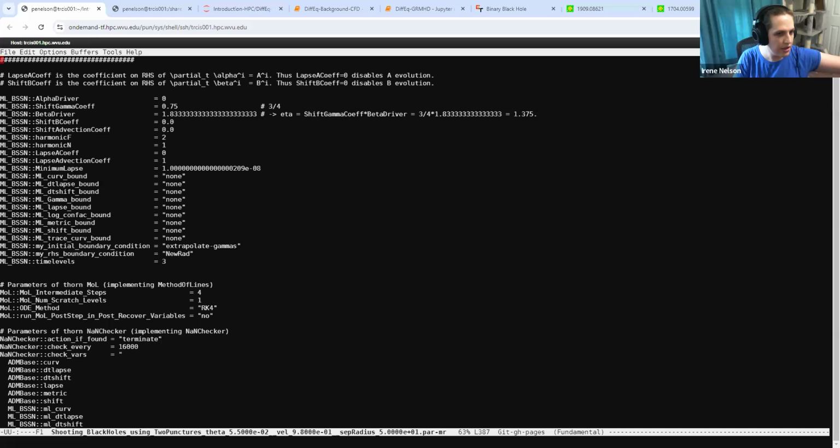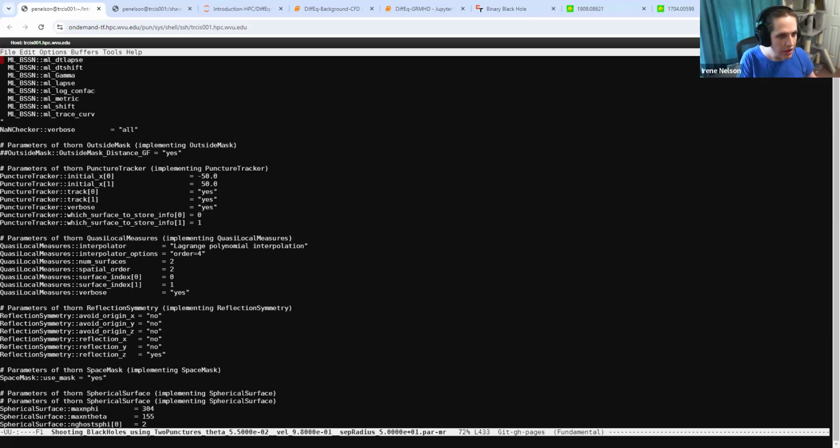So as we go through here, we have MoL, the Method of Lines thorn. That's the specific algorithm that we're using to actually do the numerical integration. Puncture tracker is tracking the punctures, which is sort of jargon for the black holes themselves in this field.